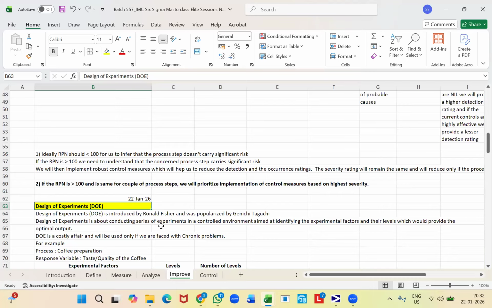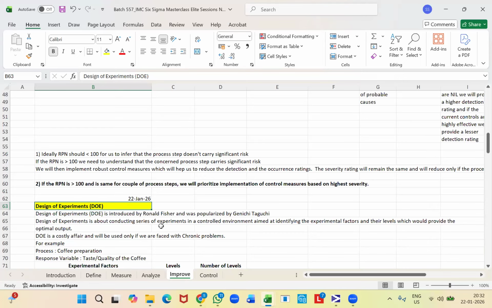Say, for example, you have invented a new dish and you are preparing that dish in the kitchen. Obviously you'll do a lot of experiments. You will mix and match all these spices, salt, oil, etc., and try to find out which combination actually provides the best taste.